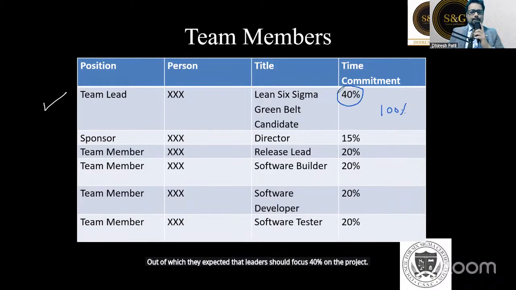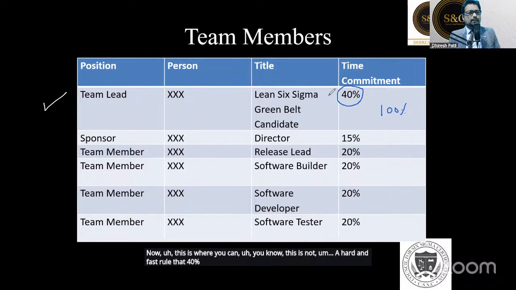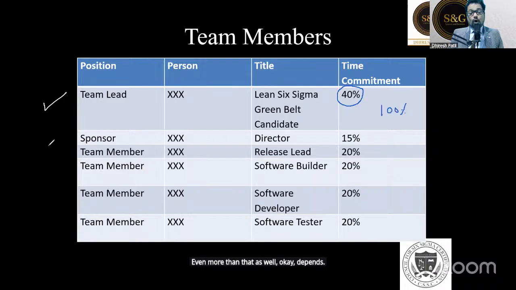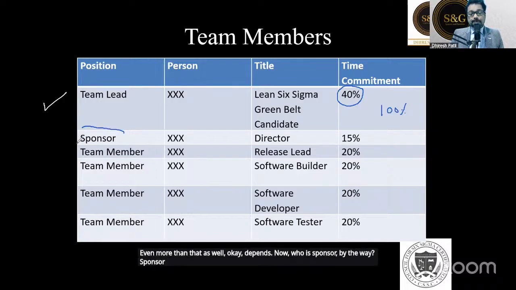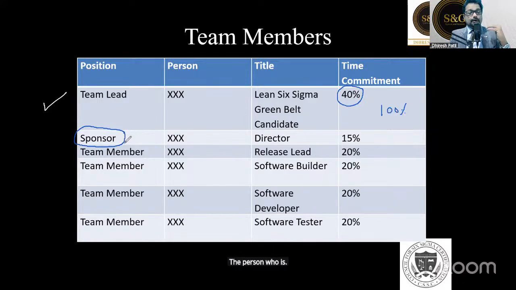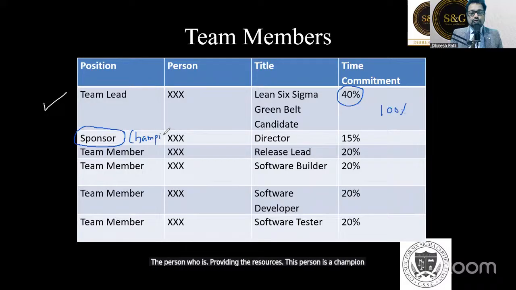Now, this is not a hard and fast rule that 40% has to be committed. Some people commit 20%, some people commit 10%, some people commit even more than that. It depends. Now, who is the sponsor, by the way? Sponsor means the person who is providing the resources. This person is a champion of the project, from the top management.